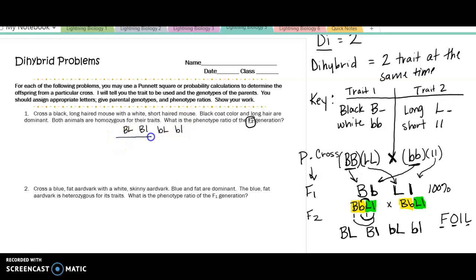All right? There's one possibility of gametes. The other parent could also give big B, big L, the big B with little l, the little b with the big L, or the little b, little l.